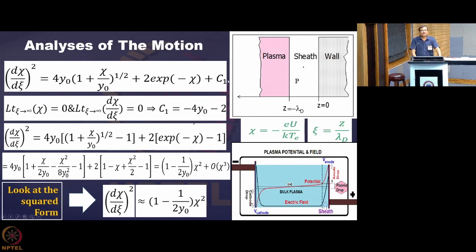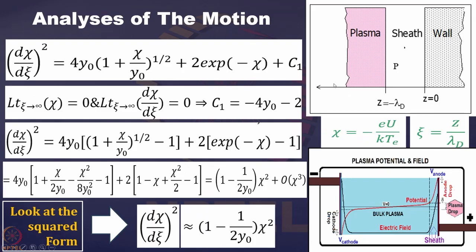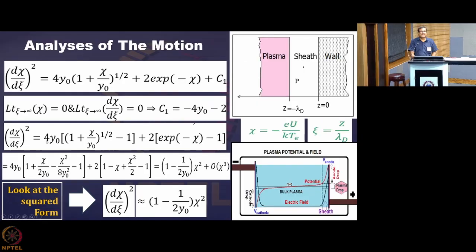Now when psi tends to infinity, what is psi? Chi is the potential and this is psi. When psi becomes very large, you are entering into the plasma, and at that point the potential is not varying within the plasma, so the potential is 0, as well as the derivative of chi is also 0.